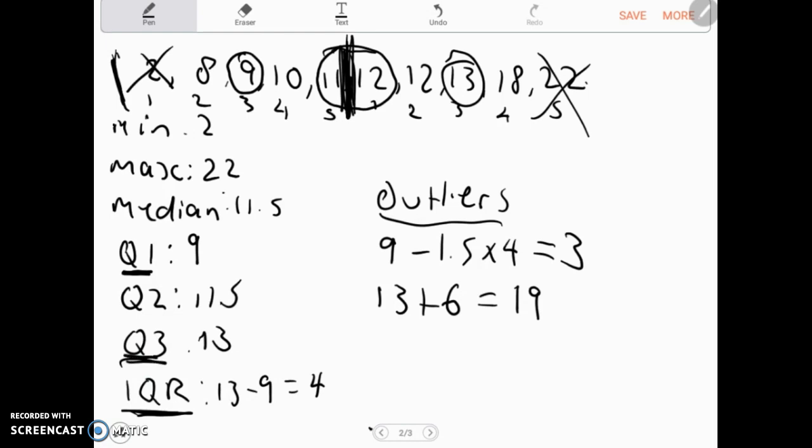Okay? So any numbers that are less than Q1 minus 1.5 times the IQR, or greater than Q3 plus 1.5 times the IQR are outliers and probably shouldn't be included.